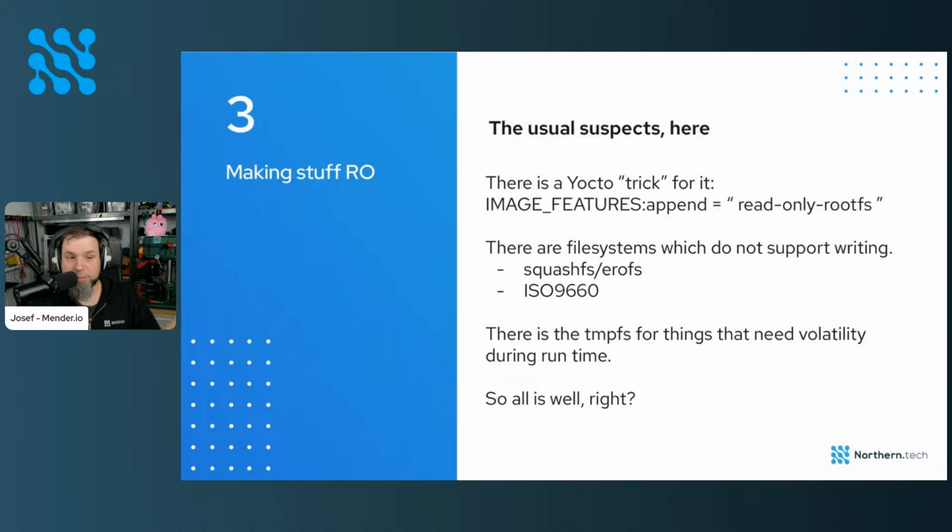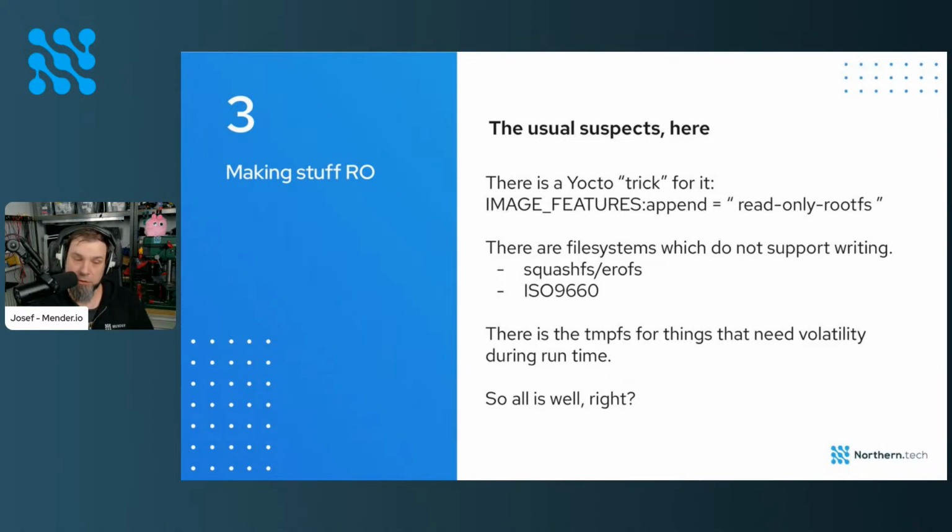Now we're overlapping a little bit with ESA, because I'm usually talking about Yocto, and Yocto actually has a very neat trick or prepared magic for going read-only, because you just say image features, read-only root file system. That's it. No more magic required. We can end here.